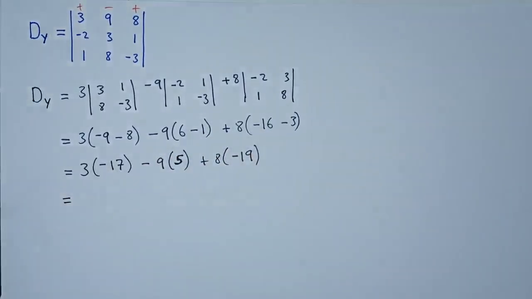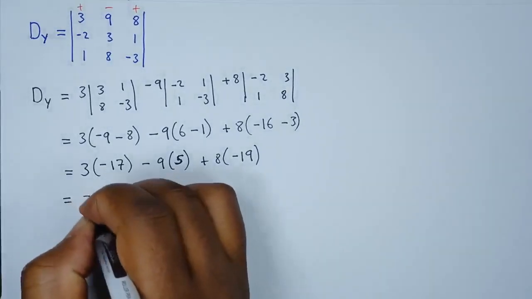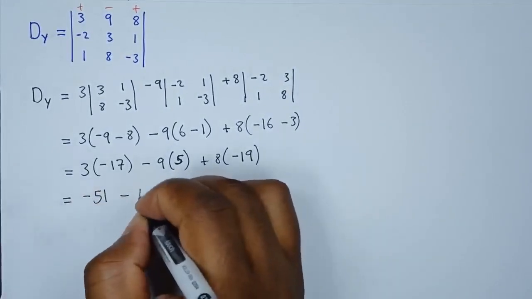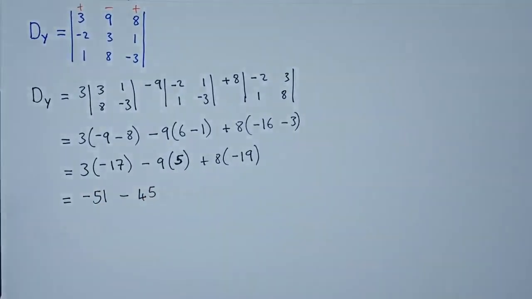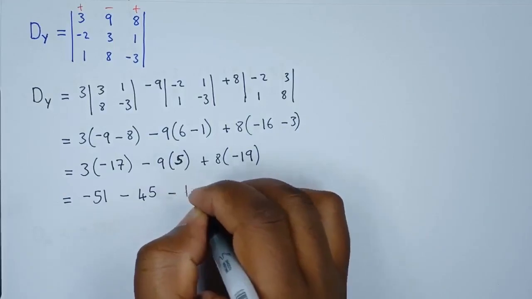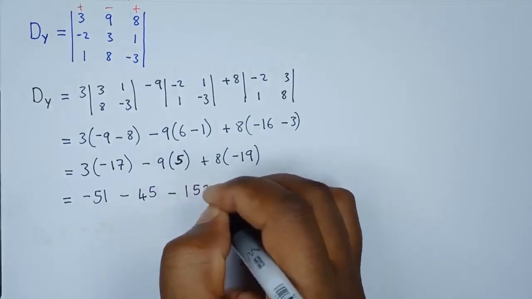Okay, so 17 multiplied by 3 should give us negative 51, minus 45. Then 19 by 8 should give us a negative 152.